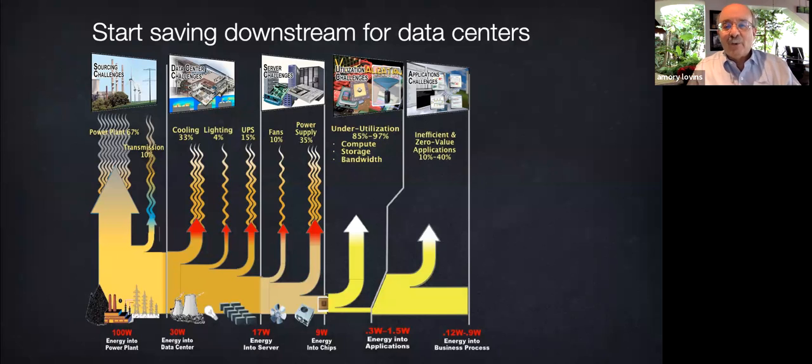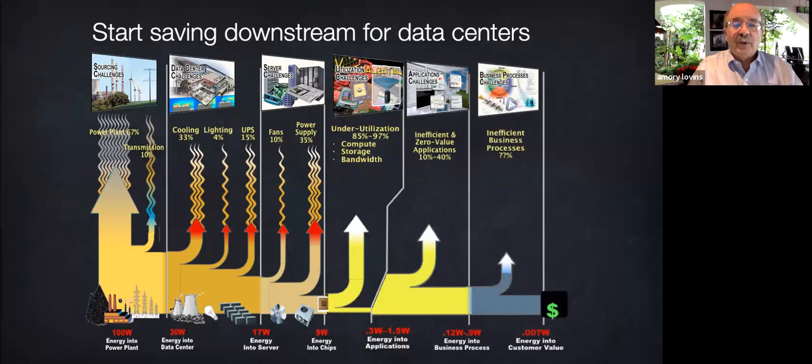And anyway, somebody else was buying the energy. Downstream of all that, you may even have inefficient building or business processes. Well, in all, if you look at the red numbers at the bottom, only a few times 10 to the minus 5 of the original fuel energy is ending up delivering customer value. Where should we start fixing this?